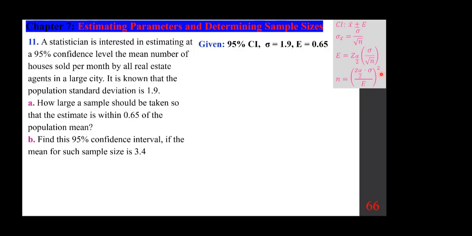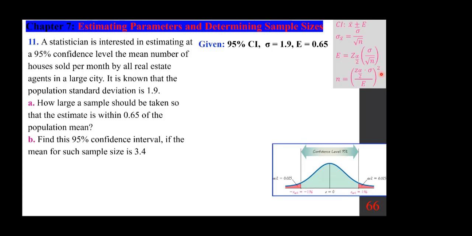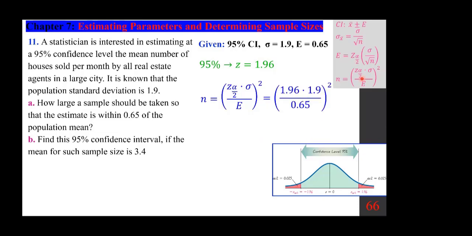So 95% confidence level. 1.96 is a common number. It's something perhaps we should know. For a 95% confidence interval, we use this number for the z-score. So plug it in to this equation. Don't forget it has to be squared.